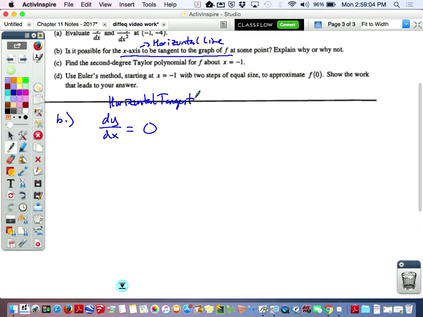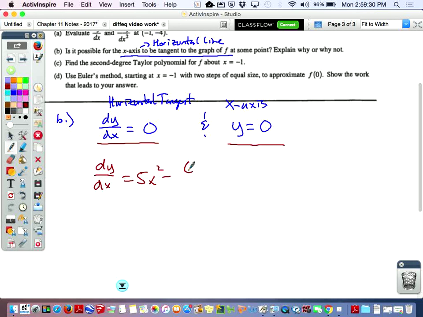If we want that horizontal tangent line to be the x-axis, then we have this other piece that we need to add in, and that means that y is equal to 0. So both of these things have to be true. The first derivative needs to be equal to 0, and y is equal to 0. So we're going to use both of these items in our derivative equation. So we know that dy/dx is equal to (5x squared minus 6) over (y minus 2).